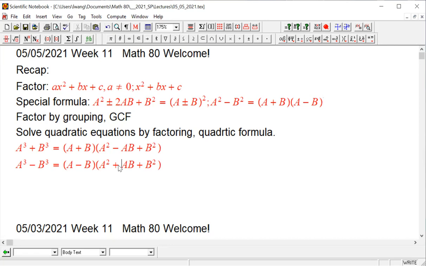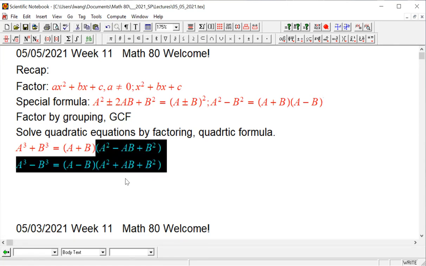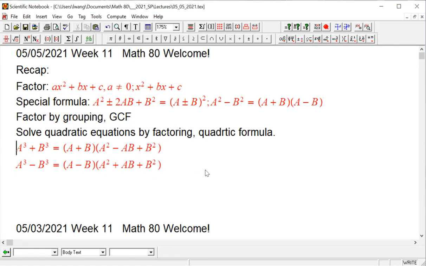I never really like to rely on my memory, but I know the general pattern. If this is a plus, this is a plus, and here's a minus, and everything else will be the same. If I combine these two formulas, it may help us see better.